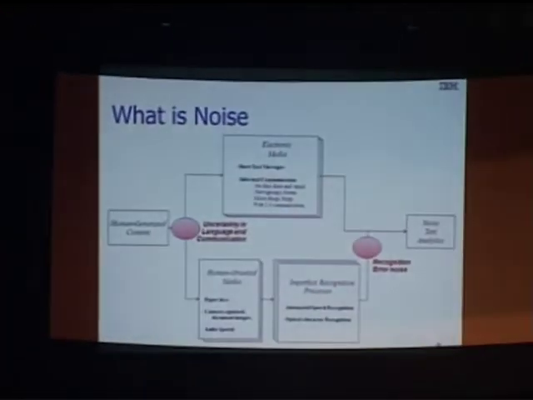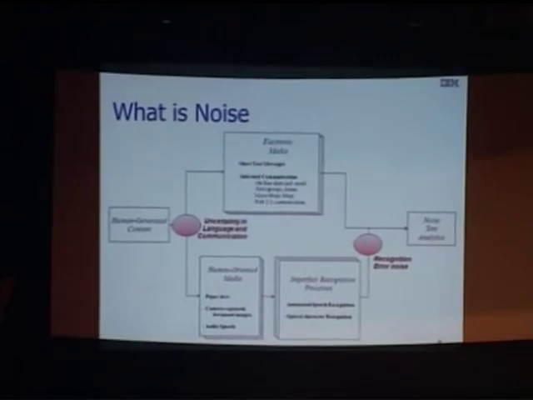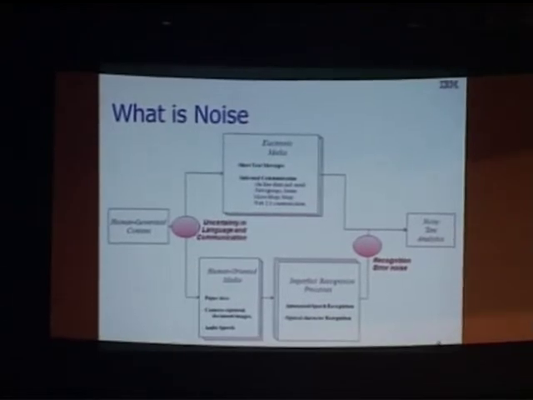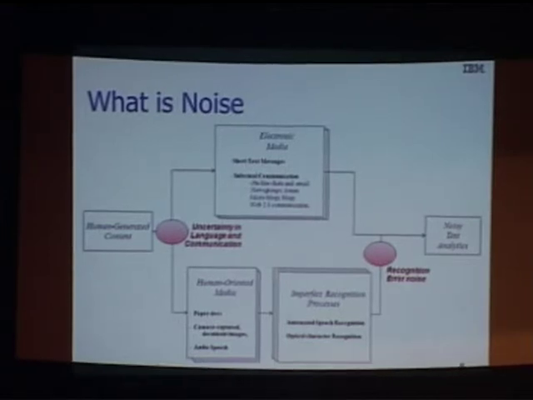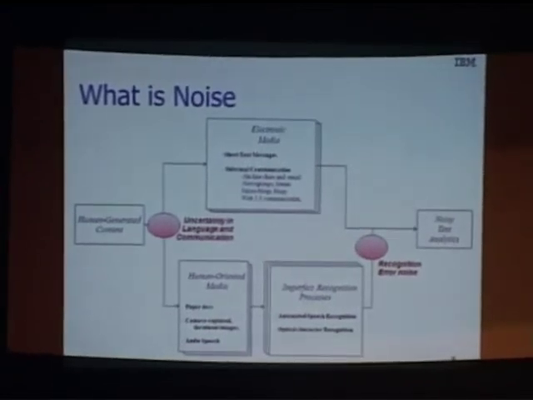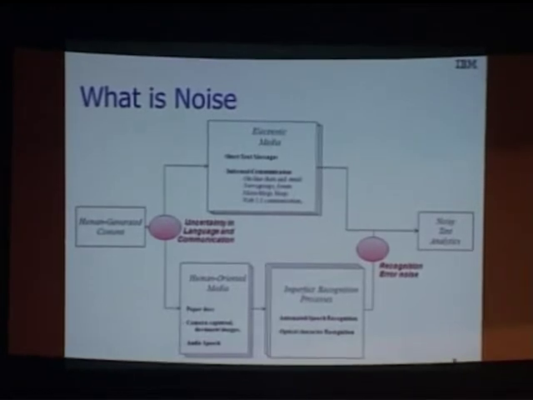So all of this is human generated text on social media or even in the SBI relational databases. A lot of that, of course, some of that is machine generated. When you swipe a card, that's a machine generated swipe.